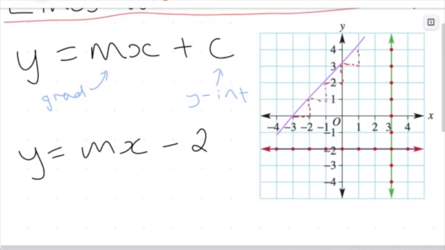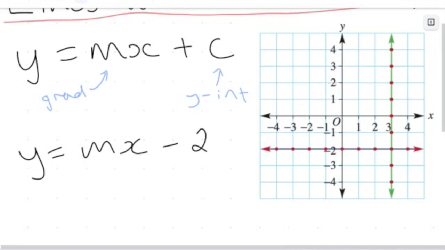And the slant, the slope of that, tells me that there's some kind of ratio between the rise and the run: how far it goes up versus how far along it goes, how far it runs across in the x direction, along the x-axis.